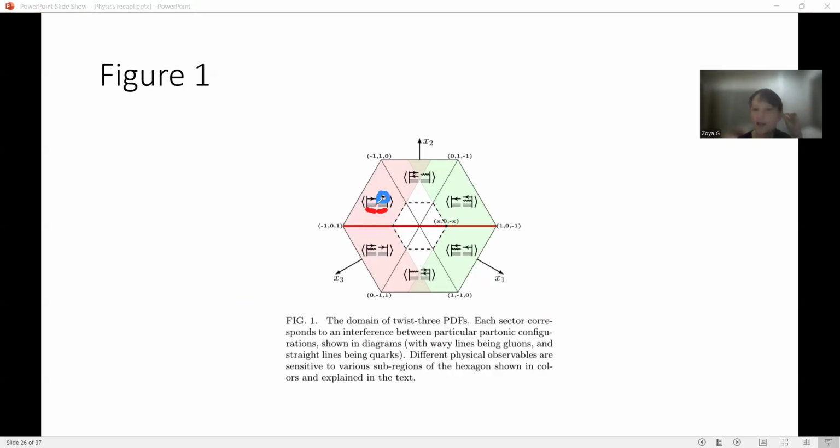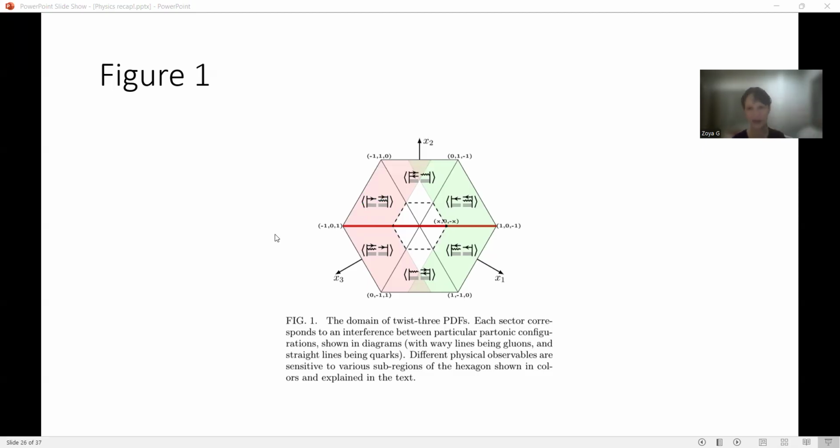Okay, yeah. It's like this quark getting produced and the gluon also getting produced, I think, while this quark gets absorbed. Don't quote me on that, please.